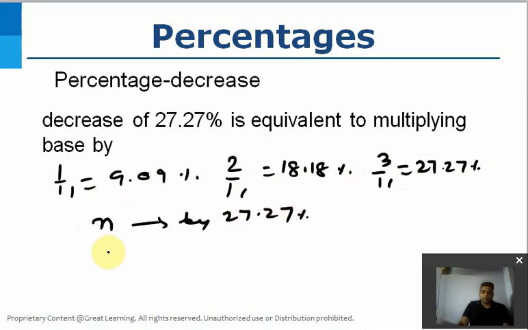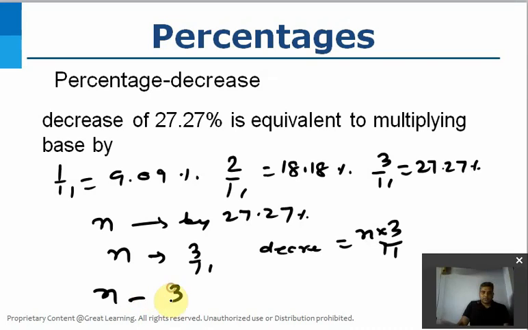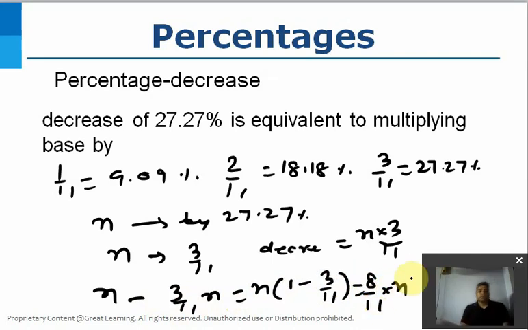So n will be multiplied by 3 by 11. So my decrease is nothing but n into 3 by 11 over what? Over n. So n minus 3 by 11 n. So I just take n common, 1 minus 3 by 11, and this becomes 8 by 11 into n. Right? So here n becomes 8 by 11 into n. Right? So we'll move forward with the next question.